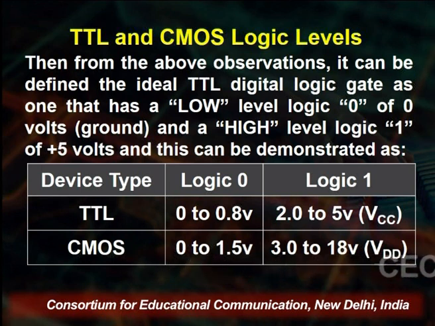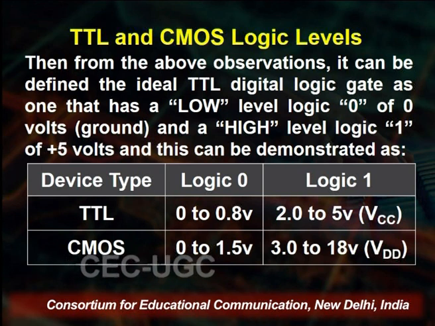From the above observation it can be defined that TTL digital logic gates have a low level 0 and a high level 1, and this is the range. You can see for the TTL device, logic 0 is from 0 to 0.8 volt, logic 1 from 2 to 5 volt, that is VCC.